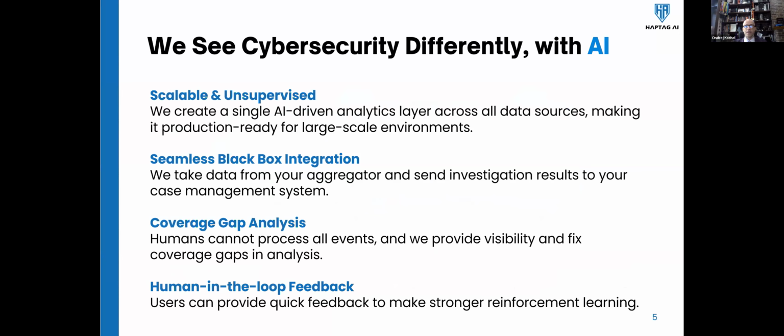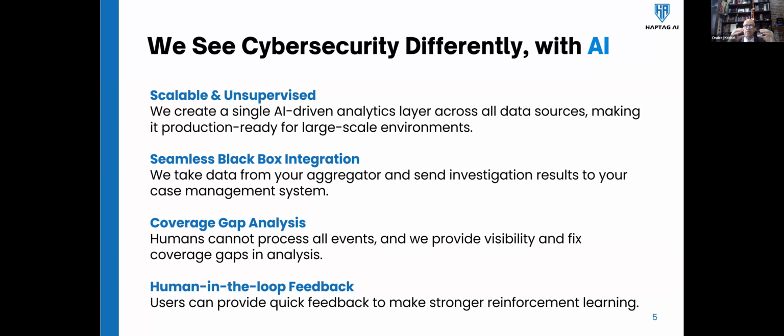So what could you do differently with AI? Unsupervised models are generally very suitable for solving the issue of many unstructured and different data sets across the organization. It's a seamless black box integration, and I'm going to get into that. Basically, you deploy something that digests your data, creates its own embedding and tokenization, and gets you results that you can apply to agentic frameworks for orchestration and automation.